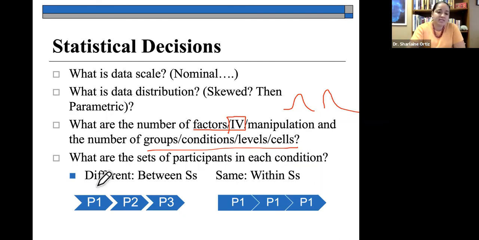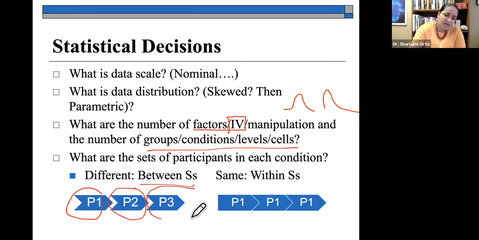So notice that in this case, we're going to have a difference here. Between subjects: what I mean by that is that different participants will get different levels of that treatment, of that IV. So for example, we have participant 1, participant 2, participant 3, and these different people had different levels.